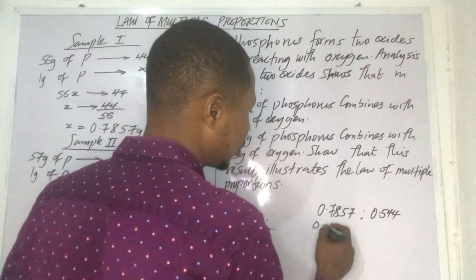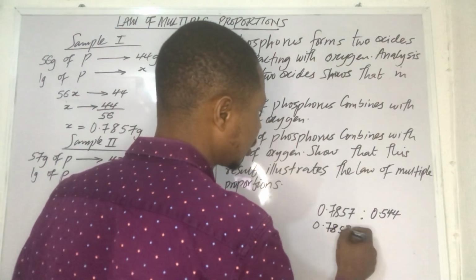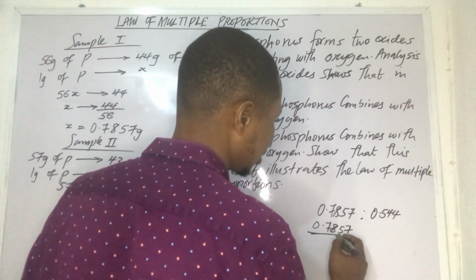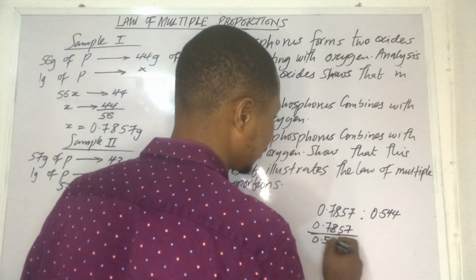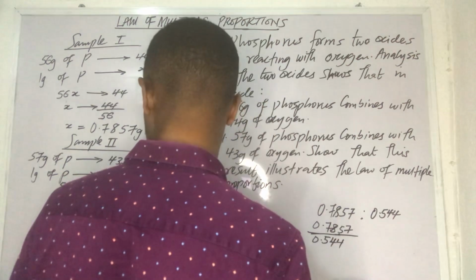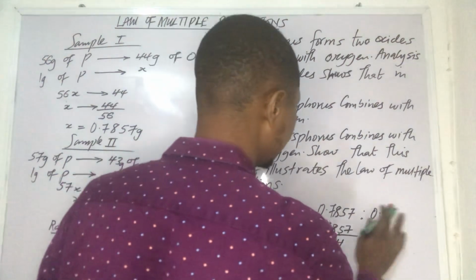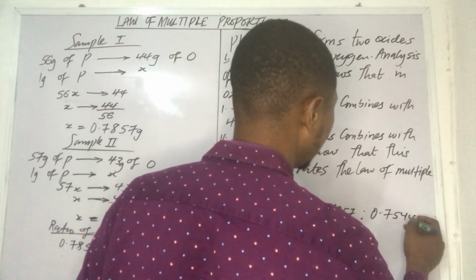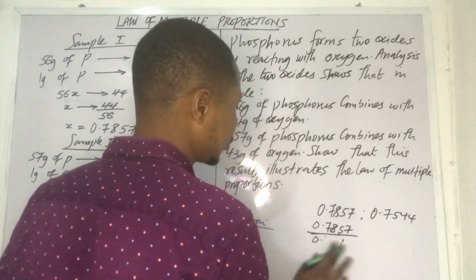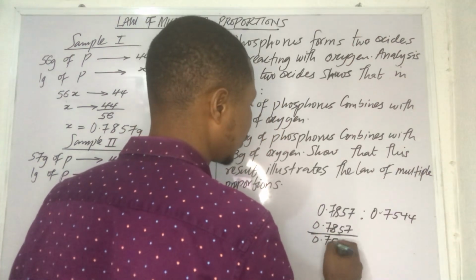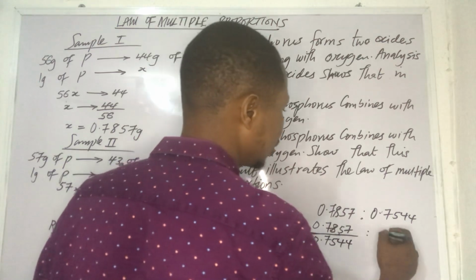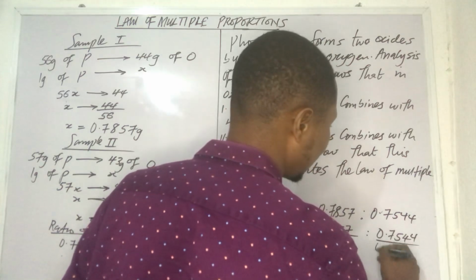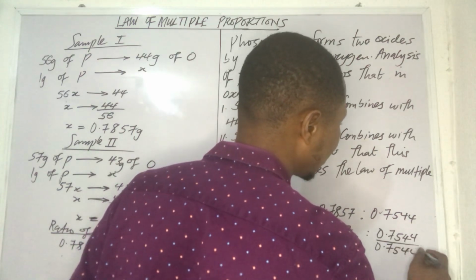So I will have 0.7857 divided by 0.7544, and 0.7544 divided by 0.7544.